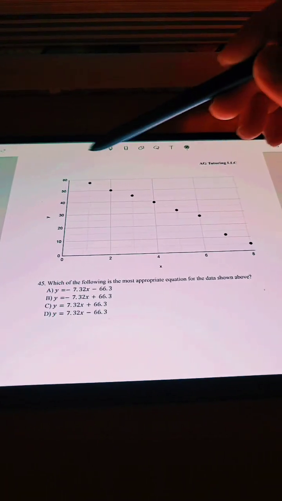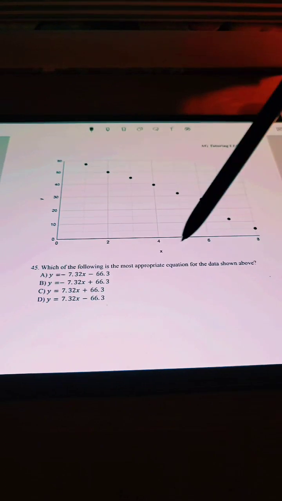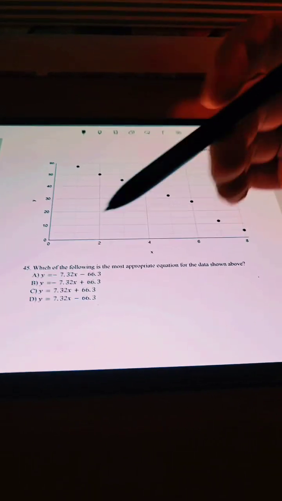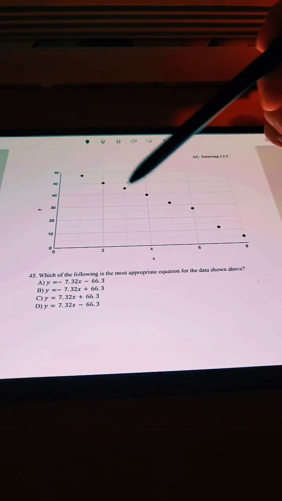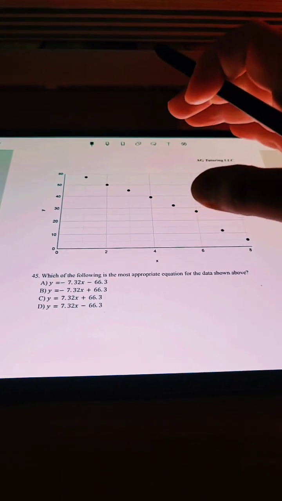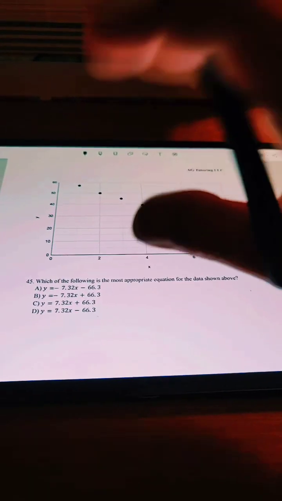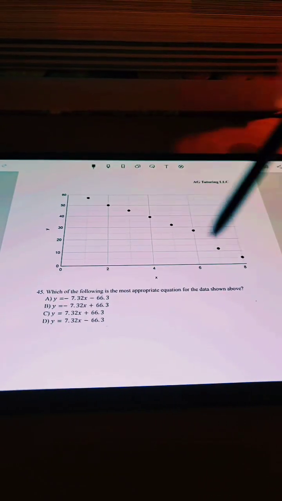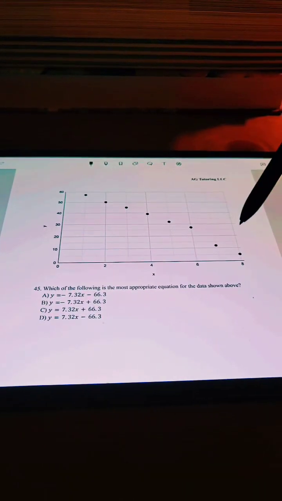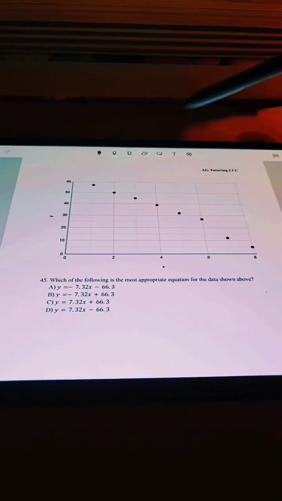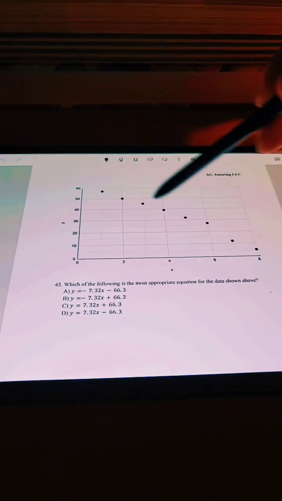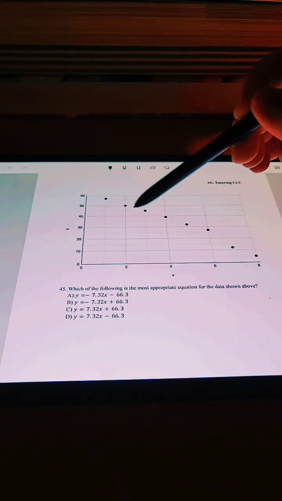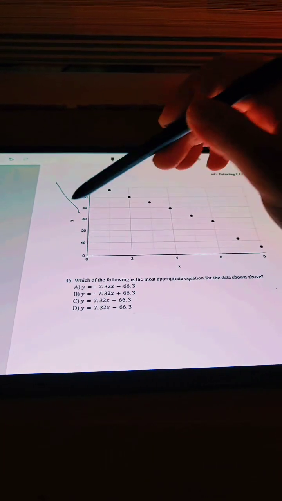So now let's go and do number 45. So this one's a little bit different. Instead of making the equation for the line of best fit that's already graphed there, you're trying to find the most appropriate line or equation for this data that they've given you. So right away I see, okay, negative slope, because this is looking like a line that has a negative slope.